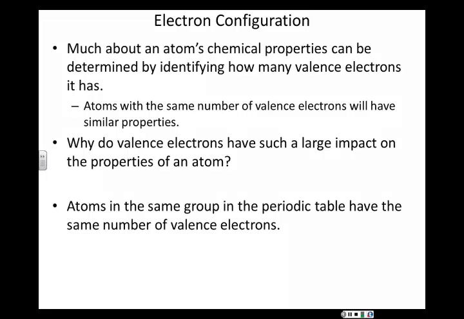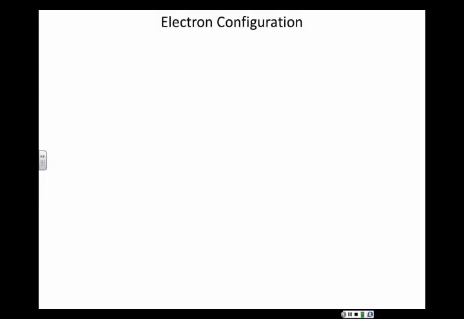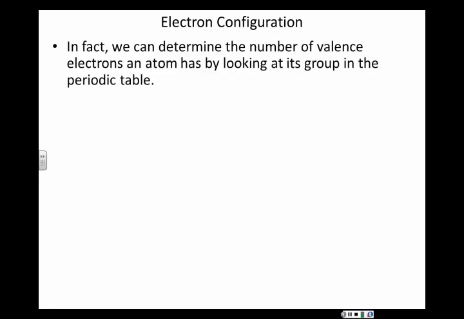I went through that because I want you to see where all this comes from, but really there's a nice shorthand way to come up with the number of valence electrons. And it actually comes from looking at the periodic table.